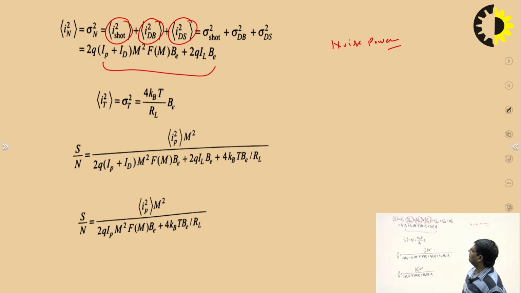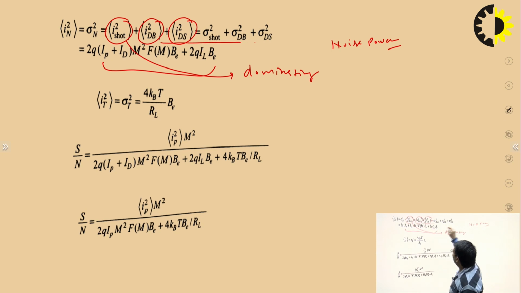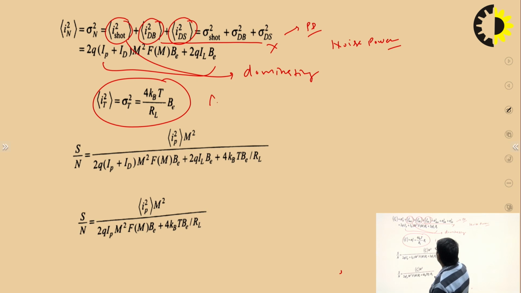Here only the shot noise is considered as dominating, and these two may be neglected. Dark current or surface leakage current may be neglected. Basically, these are the noises available in the case of the photodiode. Now the noise available in the case of the amplifier is the Johnson noise or the thermal noise.